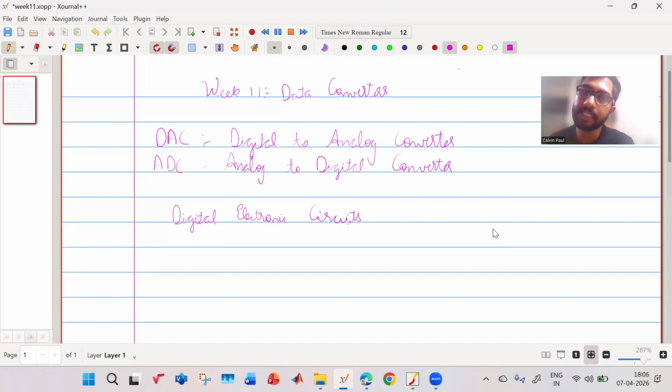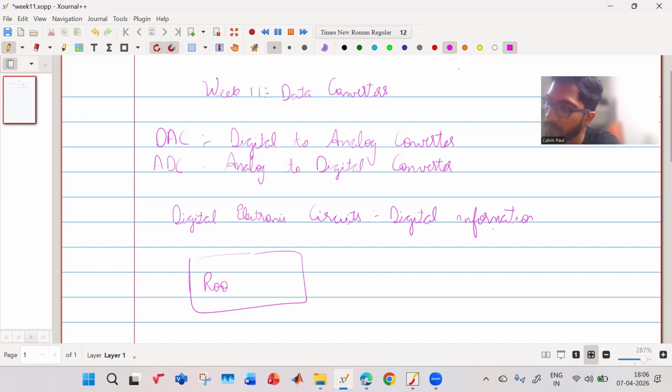So what do these circuits need? They need digital information. Right? So let us say a simple example. You want to measure the temperature. You have a big room, and let us say you have a small temperature sensor.